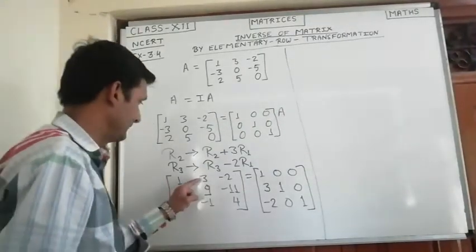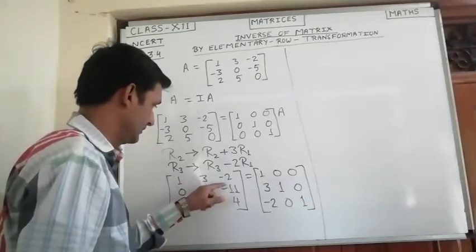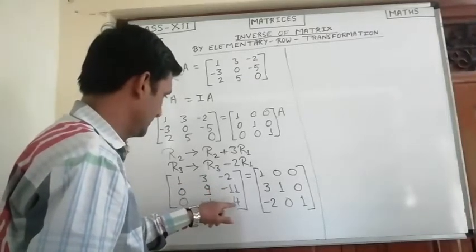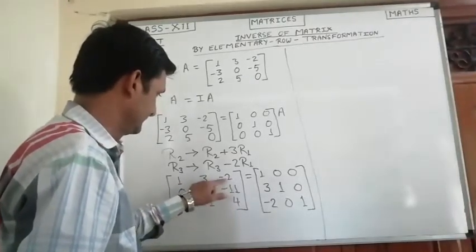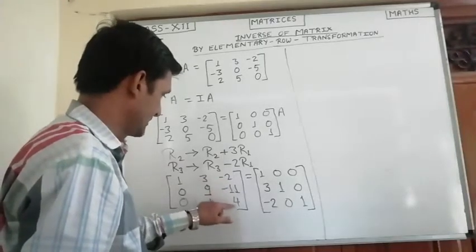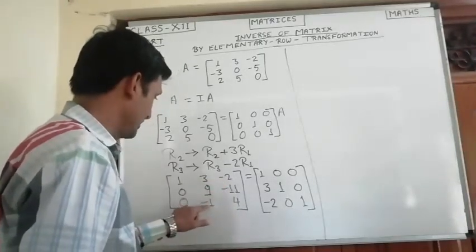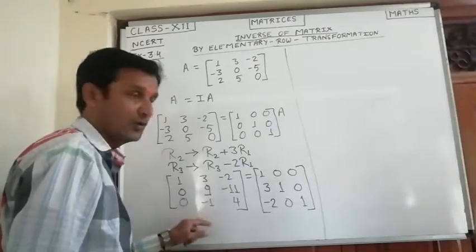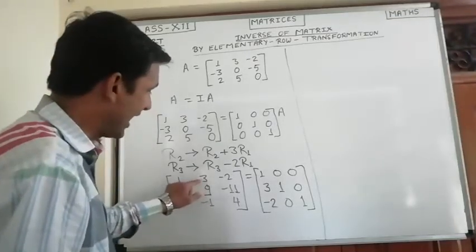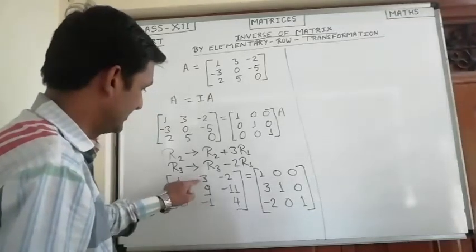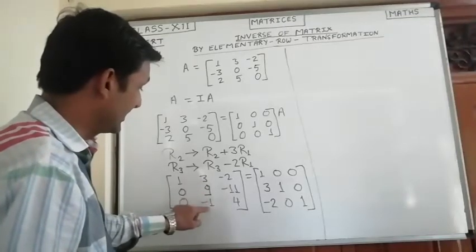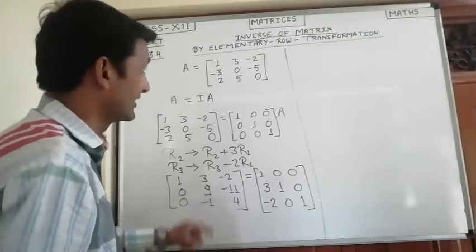Now let us make this term somehow 0, or you may make it 0. You can apply here R1 plus 3R3.